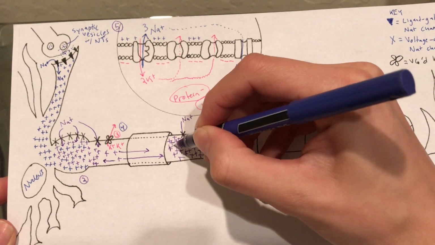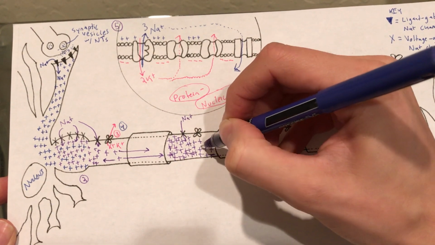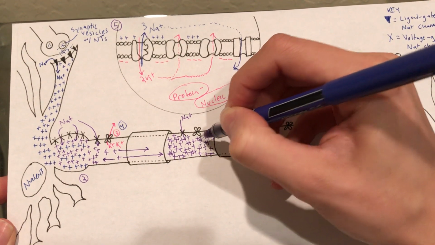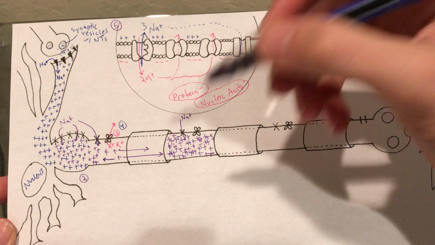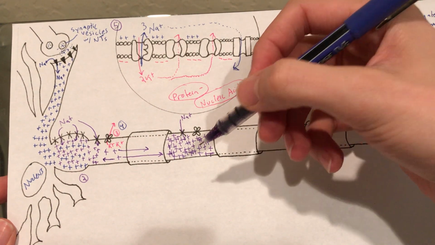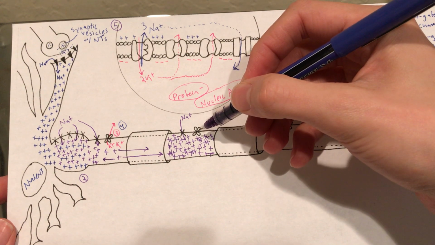So we're increasing the load more, so more and more positive ions. And then once this section of the neuron gets so many positive ions that it goes to like positive 30 millivolts, then that will activate the voltage-gated potassium channel.